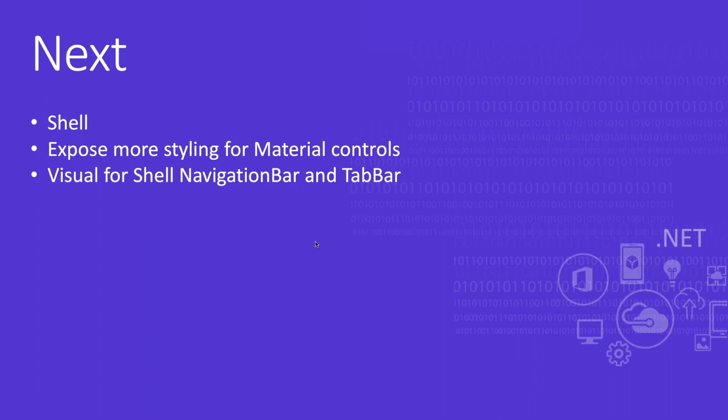But we can use visual to further unify that. So I'm looking forward to being able to say shell visual equals material and have it not just be those controls that we've looked at so far, but have it be the navigation bar, the tab bar, and a lot of those things that are, in my opinion, way too hard to customize because they're very native specific, and they're not basic controls. They're not primitives.